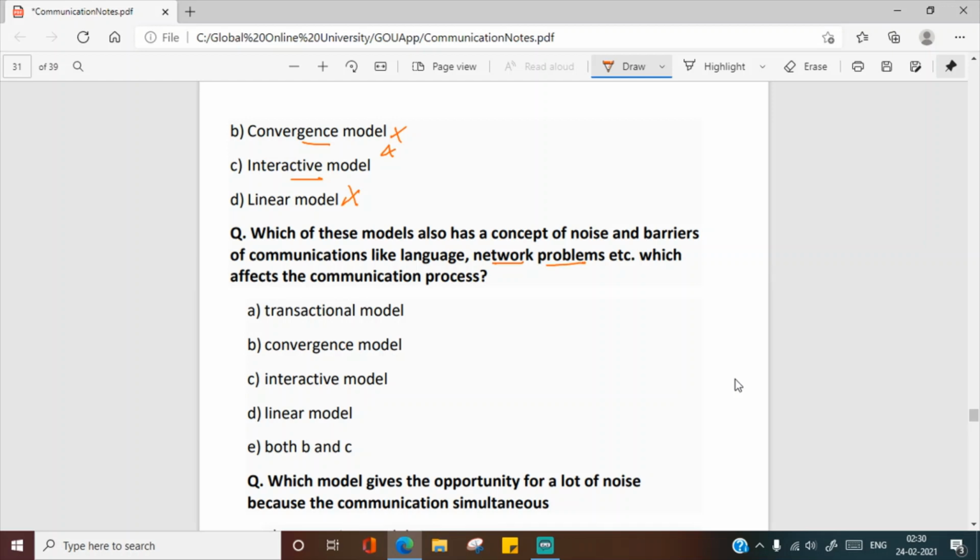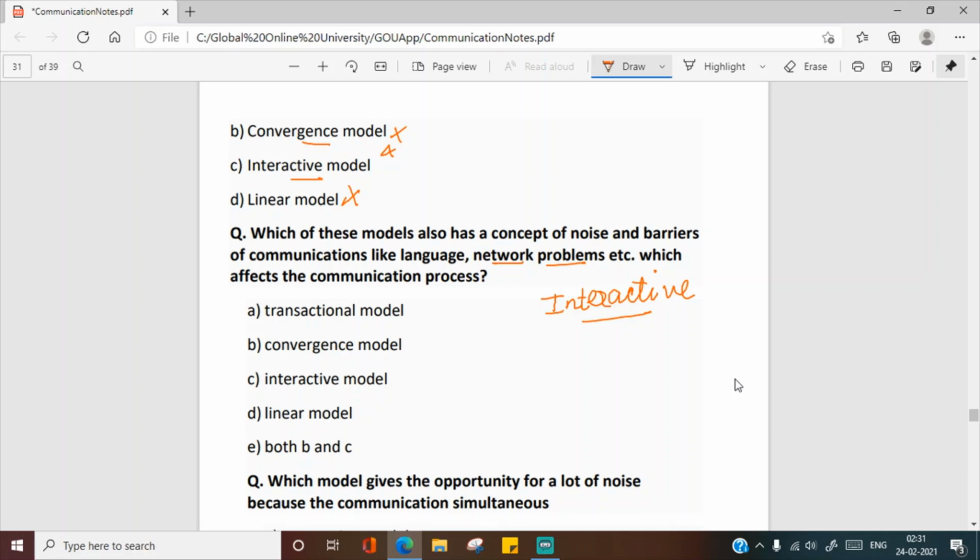I told you that the interactive model of communication uses the internet as a means of communication, or new media. So the interactive model of communication can have the problem of network, right? But C is not the right answer. The right answer is E.